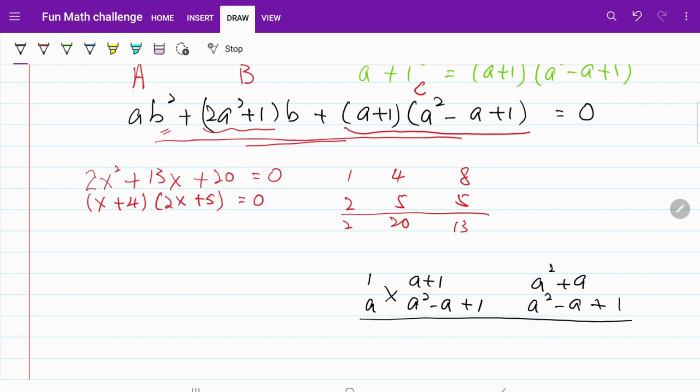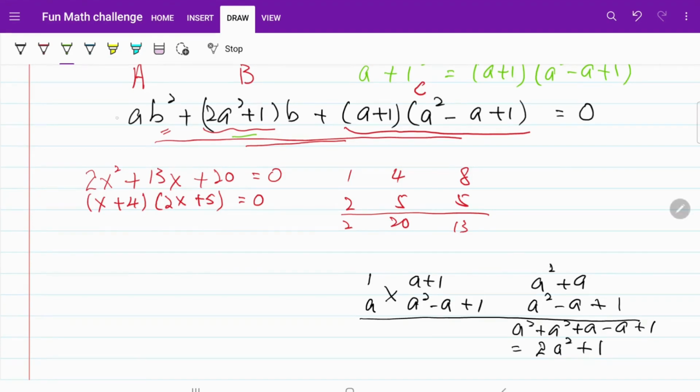If we work out the sum, that will become a squared plus a squared plus a minus a plus 1, which is equal to 2a squared plus 1. And that's exactly what I have as the coefficient of b. So we can now try to factorize this quadratic equation.